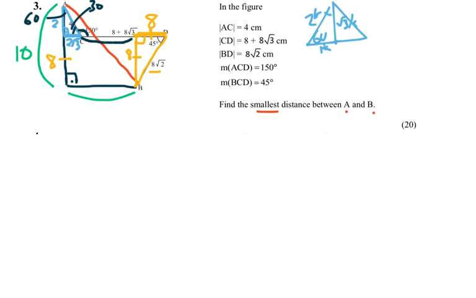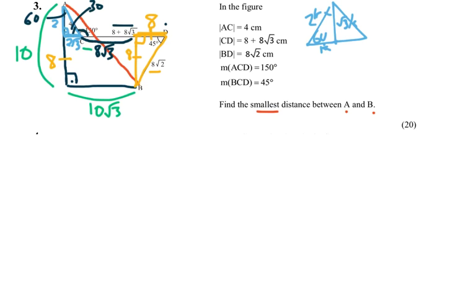So the bit in the middle we would get by subtracting 8 from 8 plus root 3. So that means that this distance here would just be 8 root 3. So adding these two lengths together to get our side length, we get this as 10 root 3. Hopefully it's a little bit smaller diagram, but you can see it on your paper.